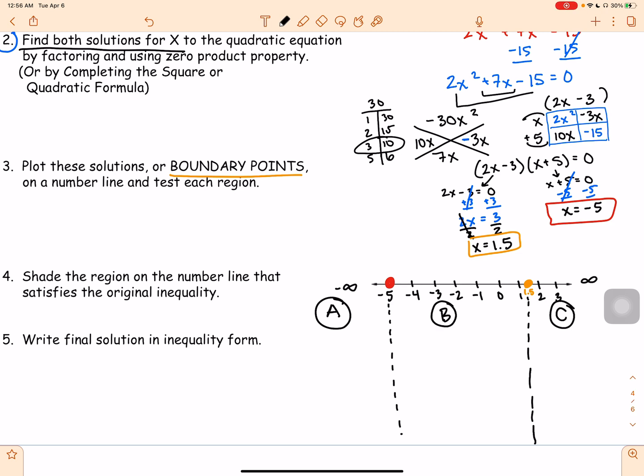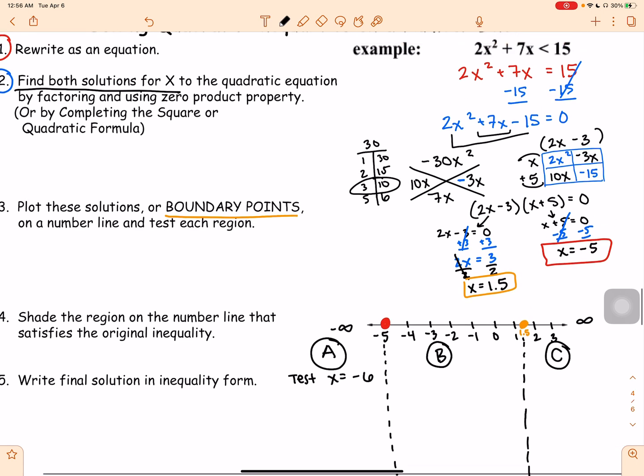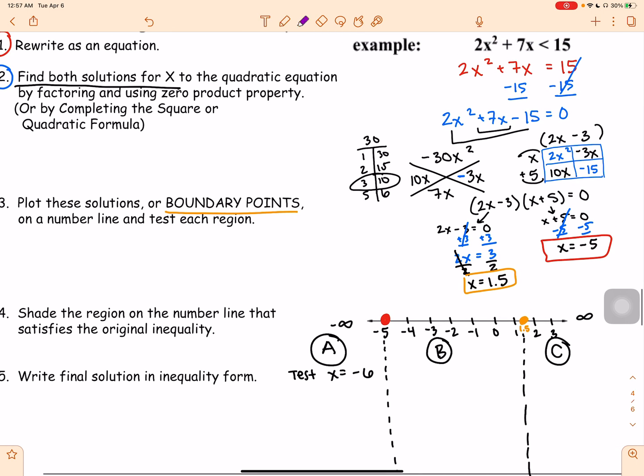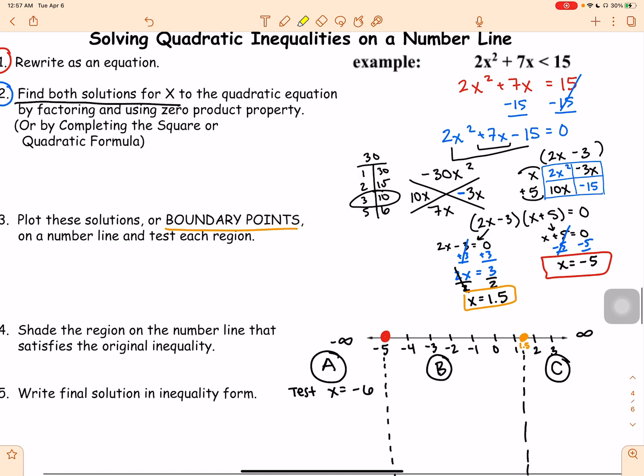So for section A, I can test any number that is less than negative 5. So let's test x equals negative 6 for section A, and let's see what ends up happening. My original inequality is what I need to be testing. It's right here: 2x squared plus 7x is less than 15.